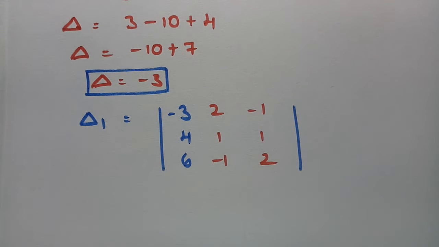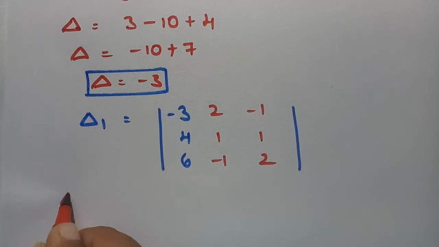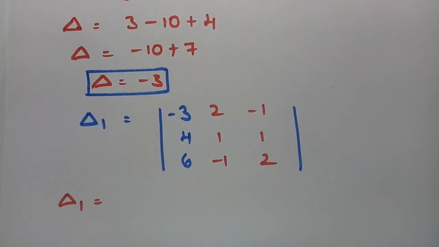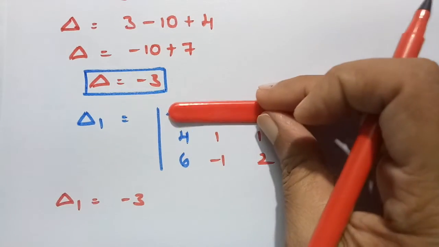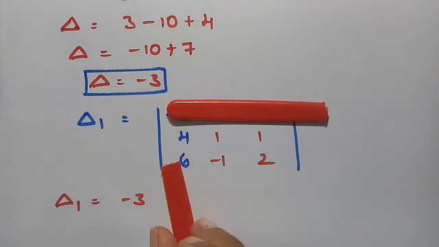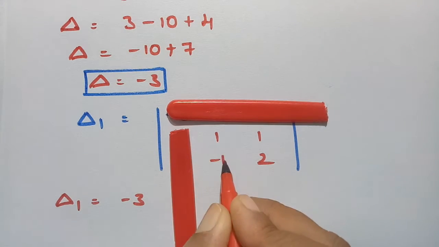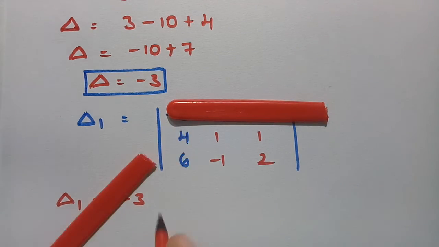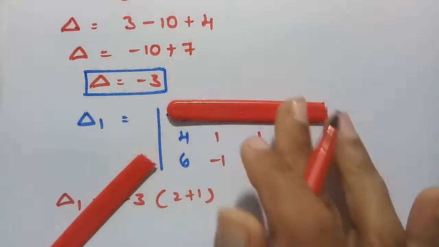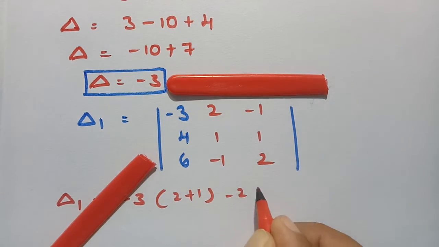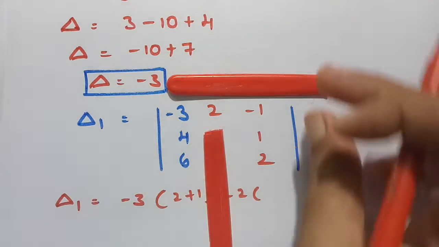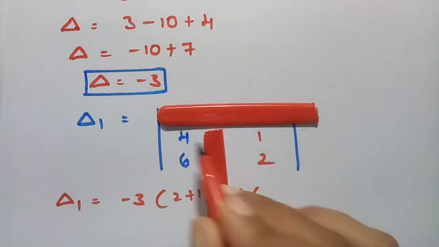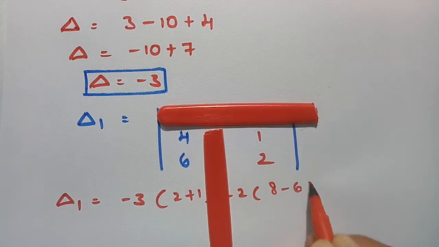Now we have to find the determinant for delta 1. It's so simple. Again minus 3 times, we close the corresponding row as well as the column and multiply. This is 2 minus of minus plus 1, so this will be 2 plus 1. The next one is minus 2 times: closing the corresponding row and column, this will be 4 2s are 8 minus 6.